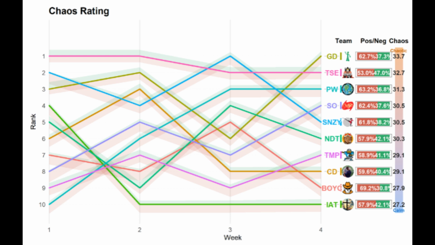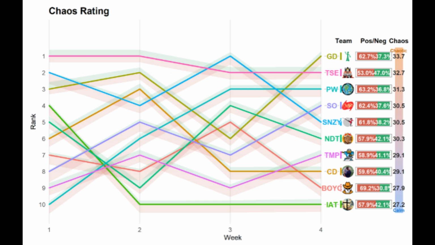So if it's a middle-of-the-road week and most players on average are scoring their projection and your player scores 4 points below their projection, that'd be the same hit to the chaos rating as if your player scored 4 points above his projection. But that is visualized in the positive-negative column.